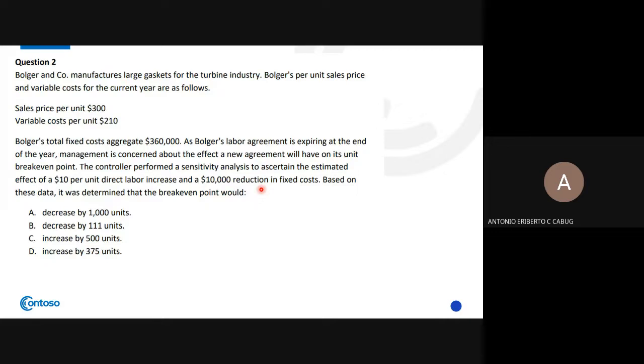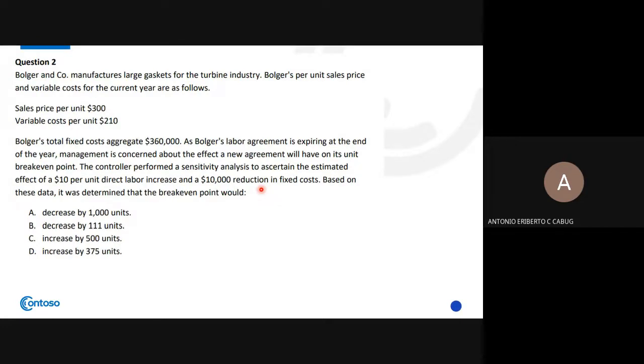Management is concerned about the effect a new agreement will have on its unit break-even point. The controller performed a sensitivity analysis to ascertain the estimated effect of a $10 per unit direct labor increase and a $10,000 reduction in fixed costs. Based on this data, it was determined that the break-even point would blank.